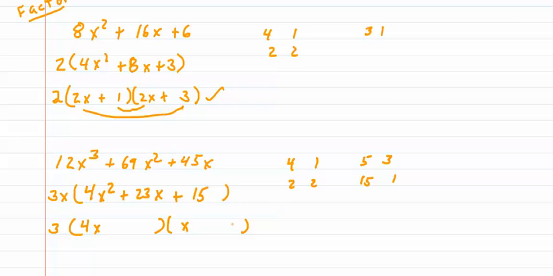If I use 15 and 1, 15 times 4, and they're all going to be plus, is 60. There's no way I'm going to get 23. If I put 15 on the other side, I'm going to have 15 and 4 is 19. Again, not going to get to 23. So I know that's not going to work.